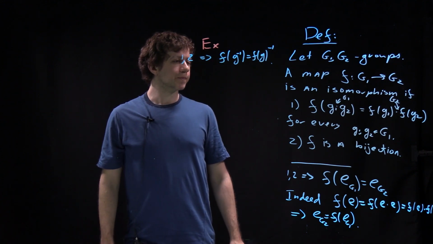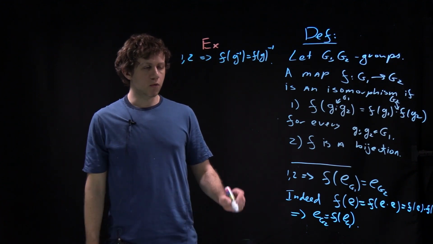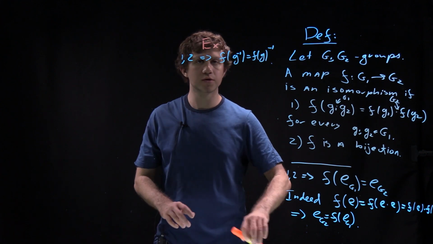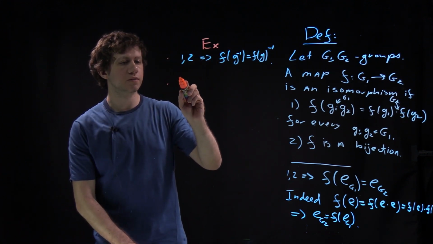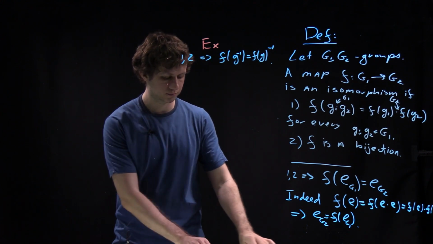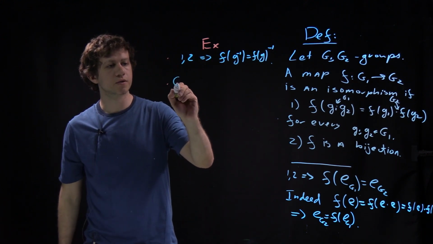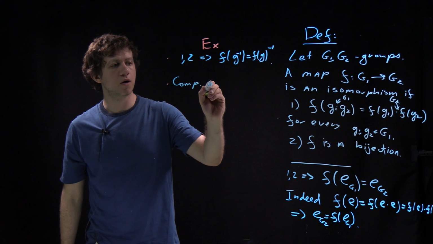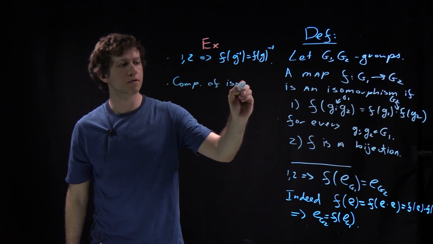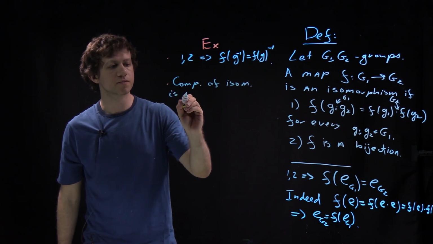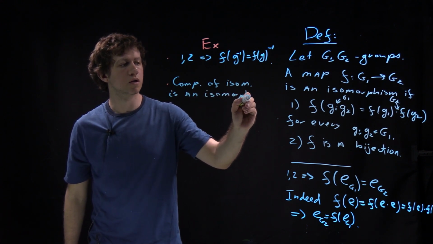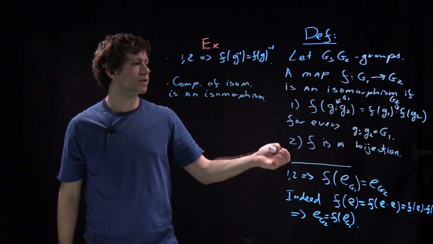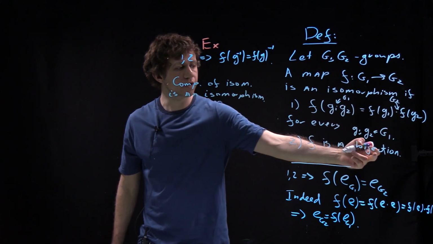So, okay, this is one exercise, and also a few more. Composition of isomorphisms is an isomorphism. That's just trivial, more or less.